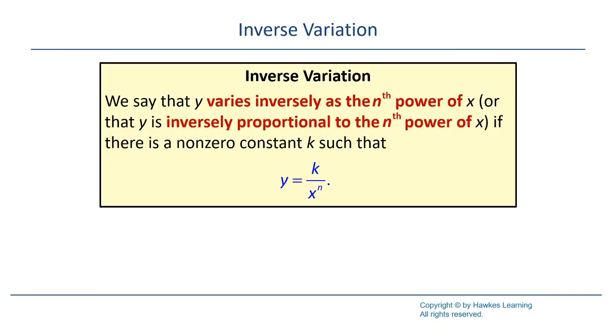Now, inverse variation is when, instead of k times x to the n, it's k divided by x to the n. So this is when you think of inversely proportional: when one thing increases, the other thing decreases, or vice versa.